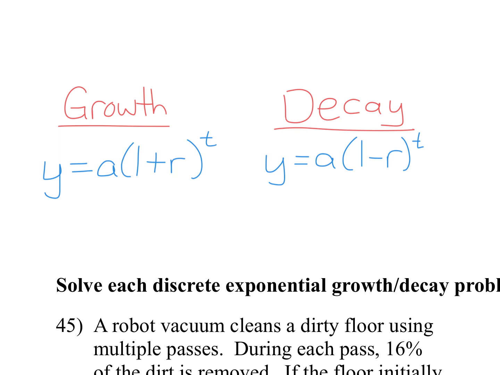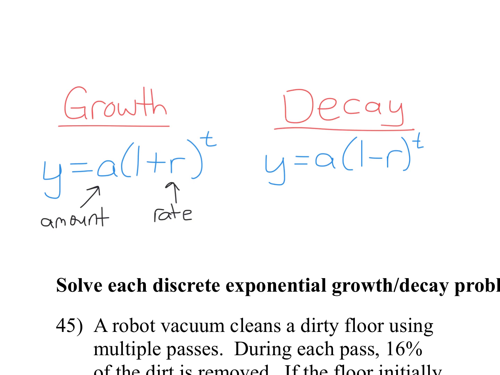Okay, I want to talk about these problems first. What does that A stand for? Yep. Amount. It's the original amount, or that initial amount that you started with. So A is the amount. What does R stand for? Rate.